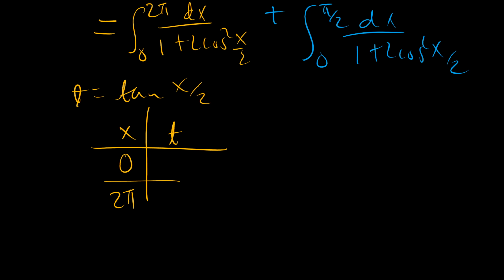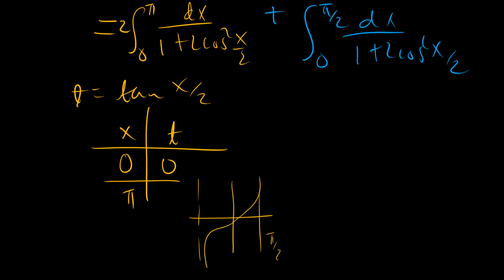So instead of that, we're going to say that this is twice the integral from 0 to pi, and so our limit from 0 to pi would mean that from 0 we have 0, and here, if we have tangent, we have asymptotes, right? Pi over 2, so something like that. So this tends to infinity at pi over 2.